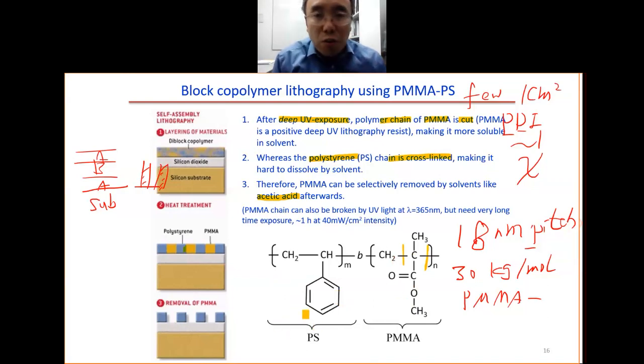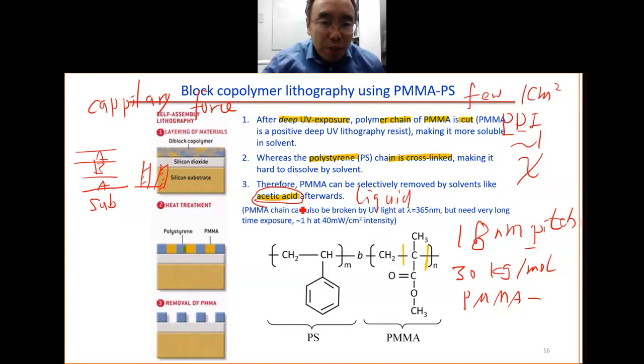This method looks very good, but in reality, this does not work well because of the capillary force. So here you have the liquid, this acetic acid. You get this capillary force.